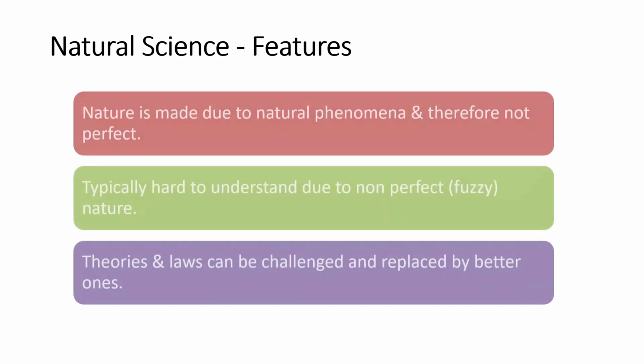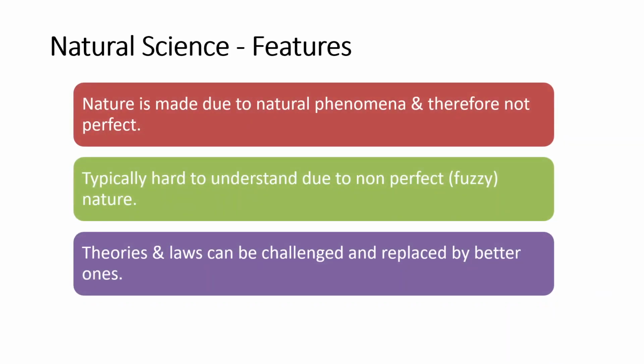So what are the features of natural science? The first thing we have to understand is that here we try to understand nature. Nature is a natural phenomenon. It is not something that someone or some superhuman has made. So therefore, nature doesn't have hard and fast rules. In natural science, we try to understand the patterns of nature.